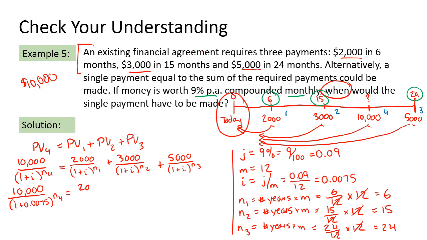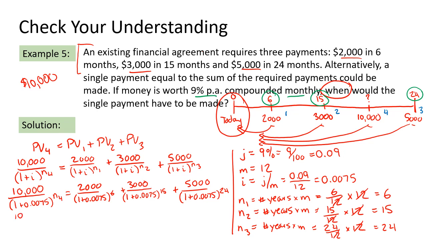Is equal to 2,000 divided by 1 plus 0.0075, and n1 is 6, plus 3,000 divided by 1 plus 0.0075 to the exponent 15, because that's for our second payment, plus 5,000 divided by 1 plus 0.0075, and that's the exponent 24.